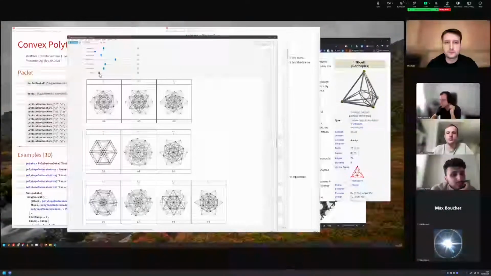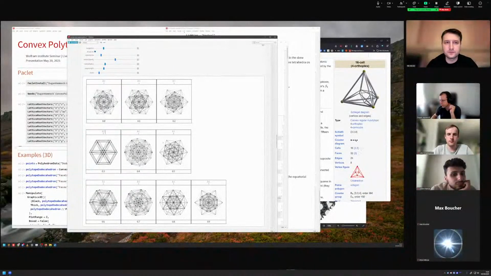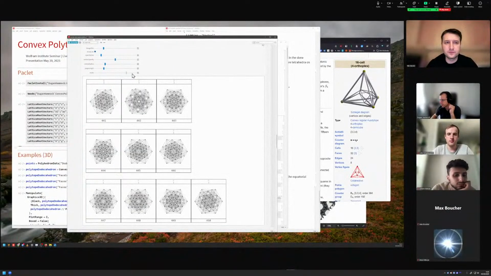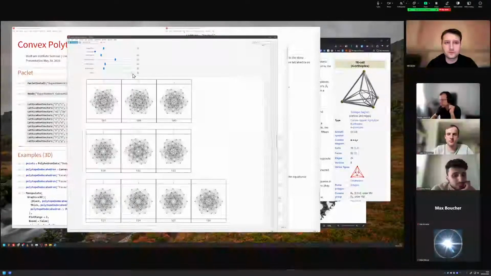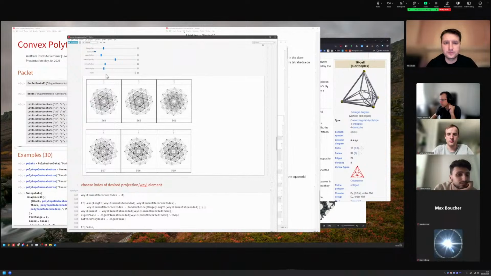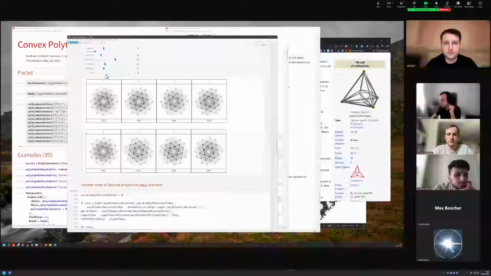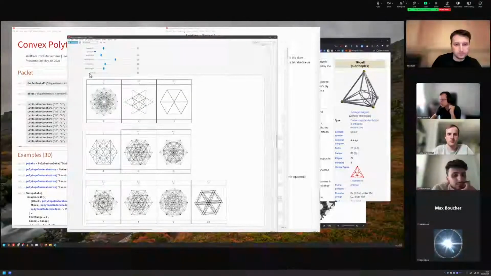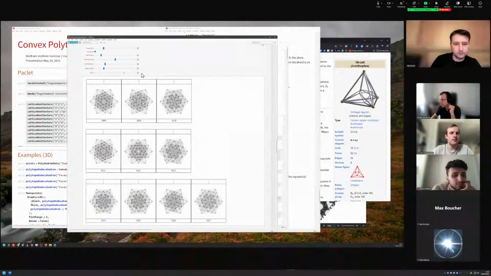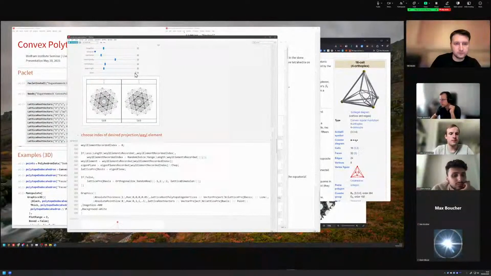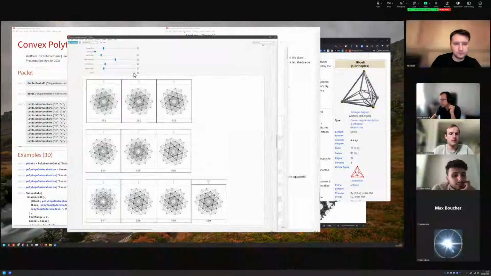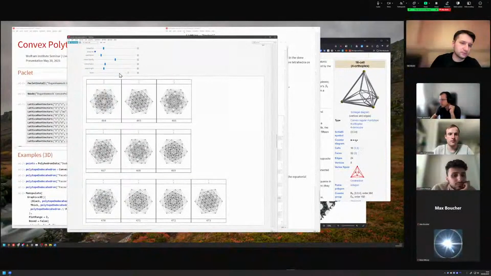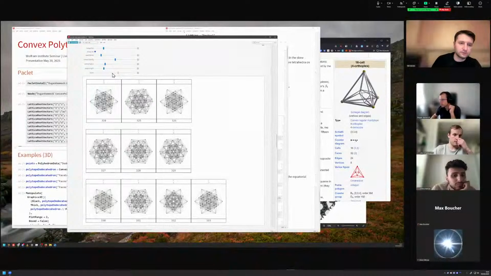Most of them have six-fold rotational symmetry, and then towards the back here, there are ones with four. I thought. Maybe not. Okay, well, anyway.